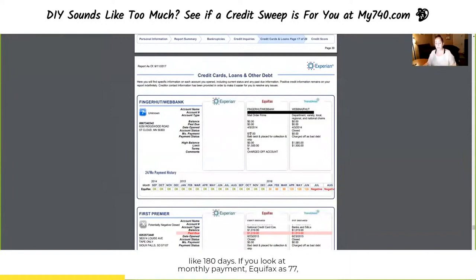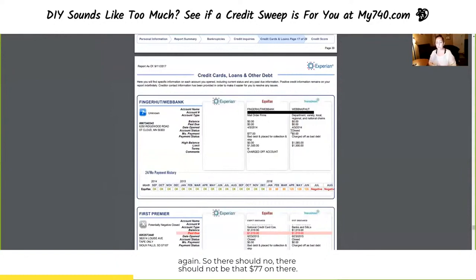If you look at monthly payment, Equifax says 77. TransUnion says 0. If we were to pull up Experian, it would say 0. Why is that? Because there should be no monthly payment on a closed account. There should be no monthly payment on a charged off account, unless, though there's one exception to that, it was charged off, now paying, then obviously there can be a monthly payment because you are actually paying on it to make the account good once again.